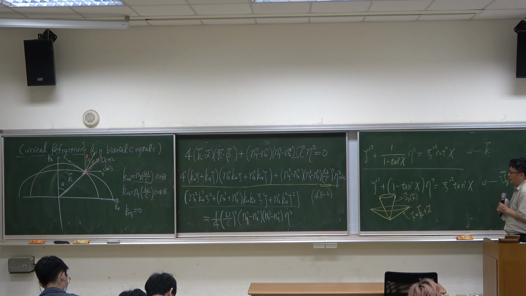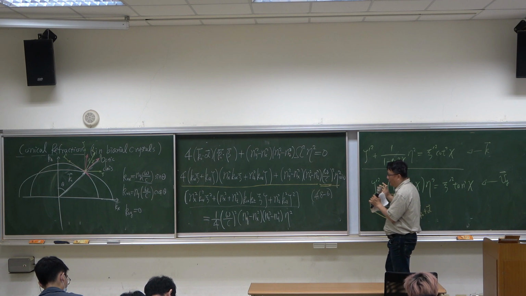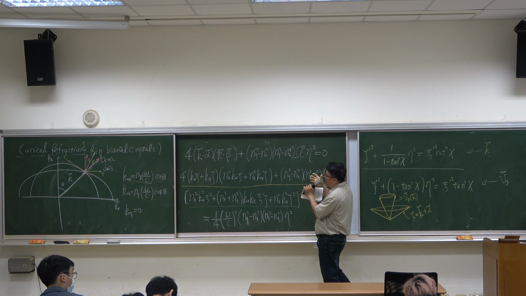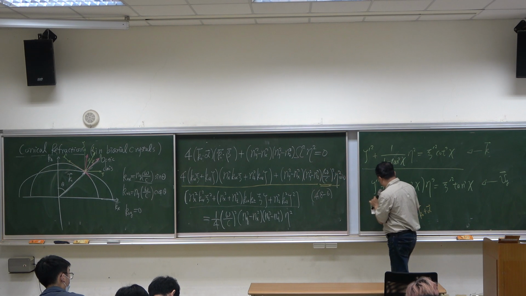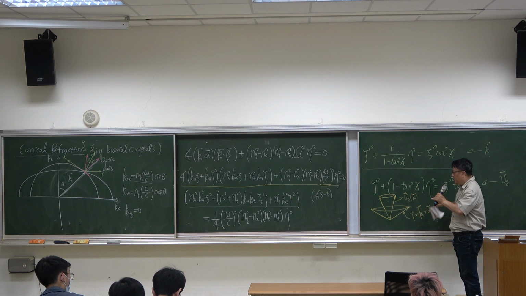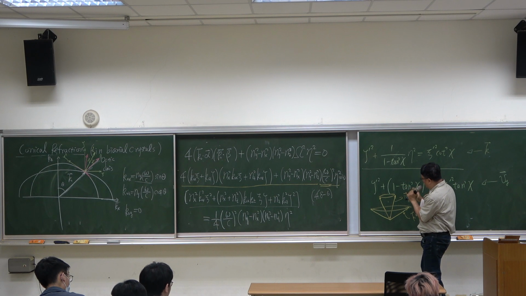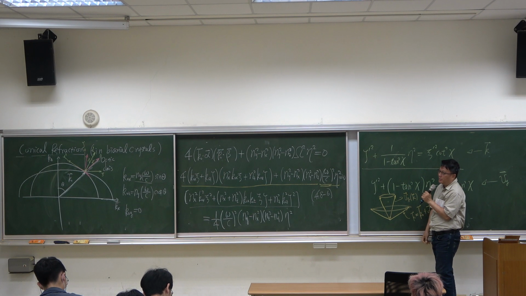Okay. What determines the propagating direction of the beam? This cone. Okay. Because energy flows along the direction of group velocity.